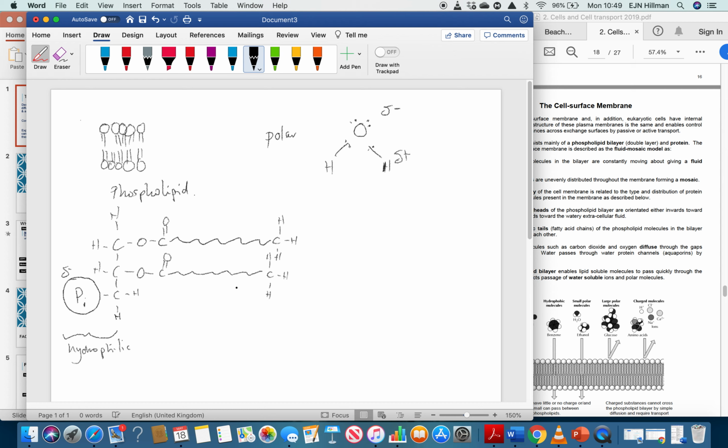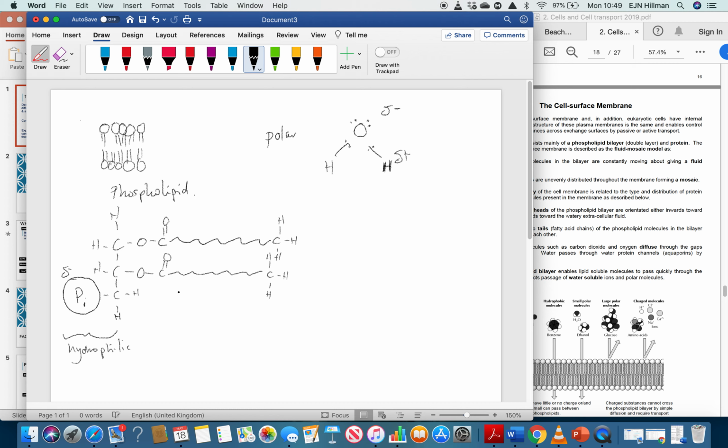That inorganic phosphate has a slightly negative charge because it has oxygens which, well, it changes, but those oxygens have a slightly negative charge. Anyway, the slightly positive pole of the water is attracted to that slightly negative pole on the phosphate group.